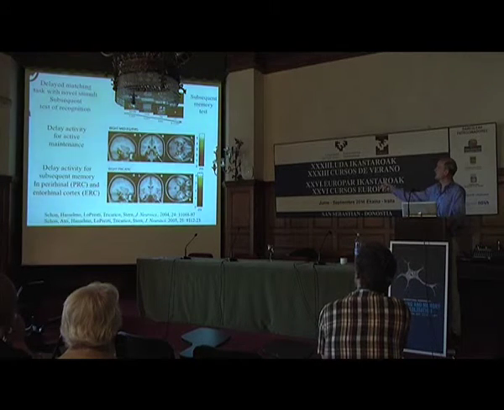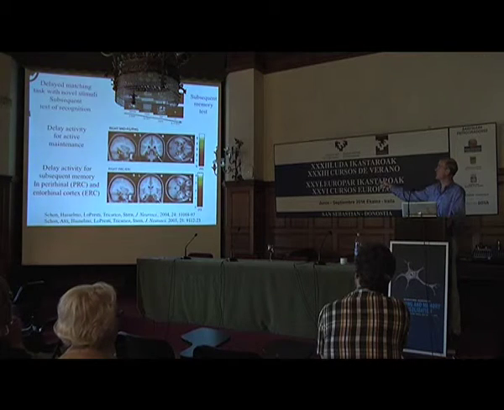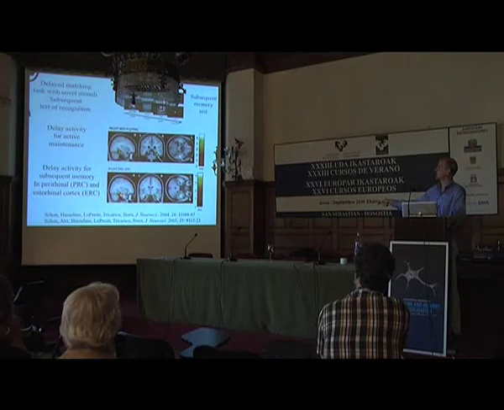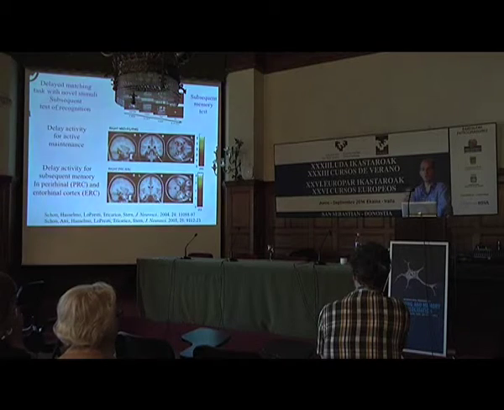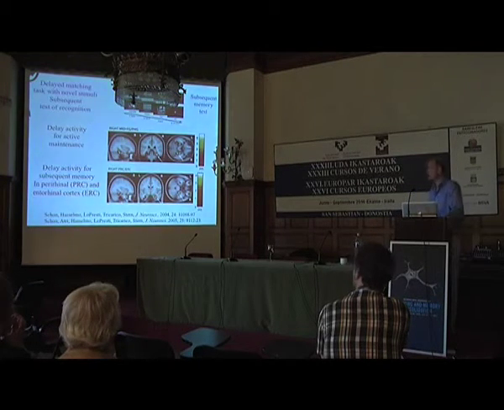Well, here's a case where we looked at the delay period activity when the stimulus was not present. It was a previously presented stimulus, but there's no stimulus present, but the delay period activity still correlates with better subsequent memory performance. And this is activity in perirhinal and entorhinal cortex, which are structures that have shown this persistent spiking mechanism, so could be maintaining the activity during the delay period in order to encode it.